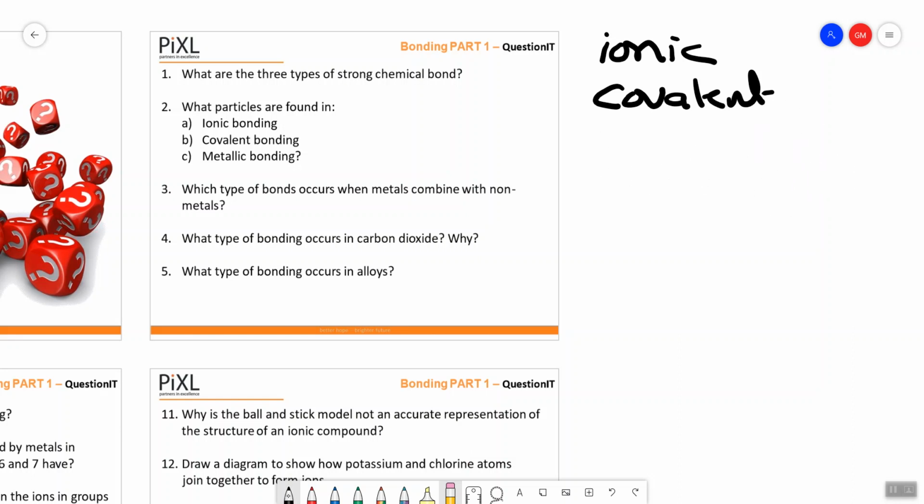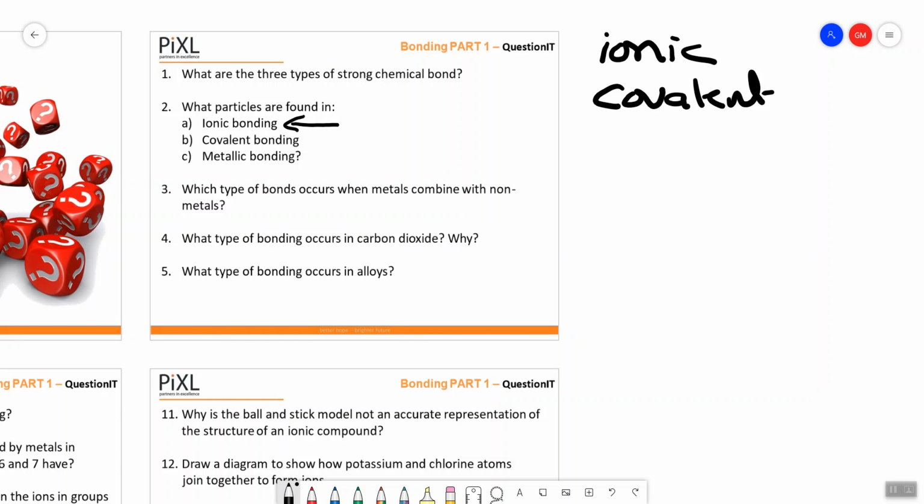Okay, so what particles are found in ionic bonding? Think back. How did I tell you I knew you would know if it's ionic bonding? It's because it's got a metal in. So you have metals joined to non-metals. The metal transfers its outside shell electron or electrons to the non-metal.